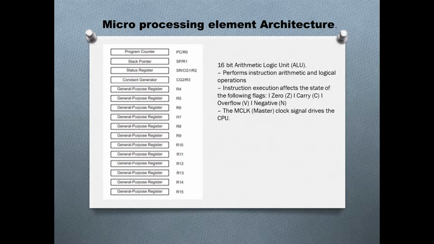The CPU is integrated with 16 registers that provide reduced instruction execution time. The register to register operation execution time is 1 cycle of the CPU clock. 4 of the registers, R0 to R3, are dedicated as program counter, stack pointer, status register, and constant generator respectively.